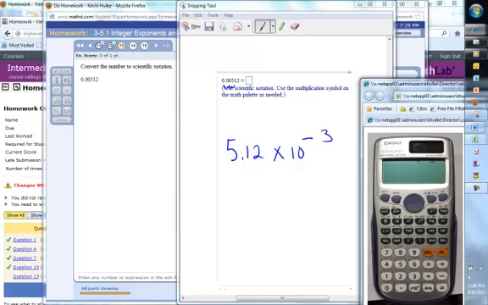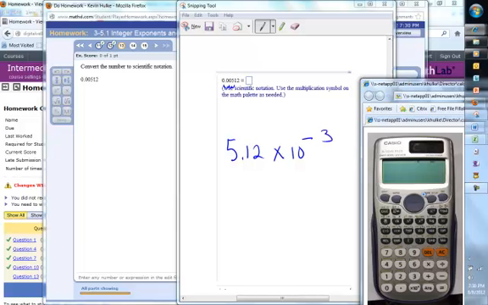And we want scientific notation with one number in front. So now we would type 0.00512 equals, and our calculator says, oh, I'm sorry, we have to do that again. Shift, setup, number 7, and we should make scientific notation be 3, so that it will say 5.12 times 10 to the negative third.